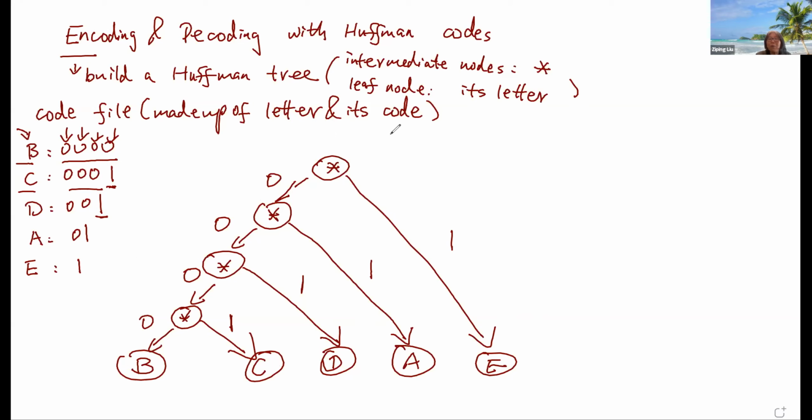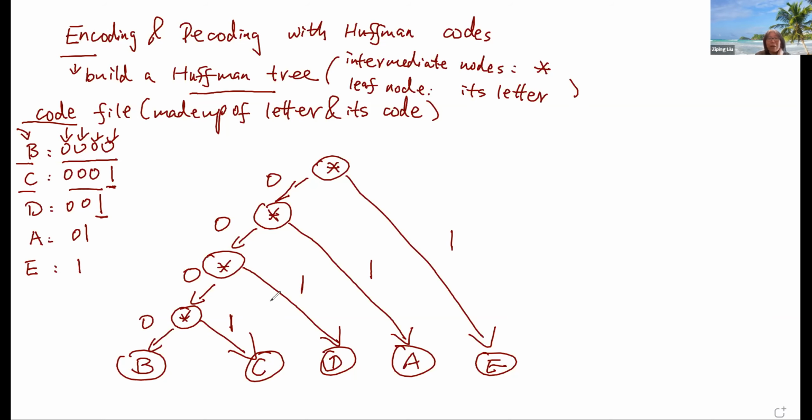So now we have built this Huffman tree, based on the code provided. And as to how to come up with this code, it's what we explained before: you need to calculate the frequency weight, and then you can come up with all of the codes.